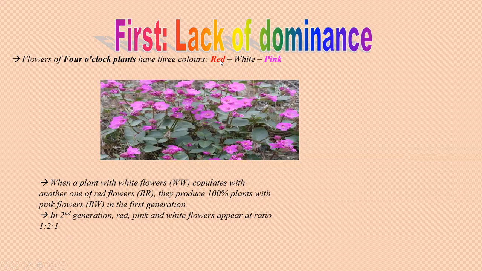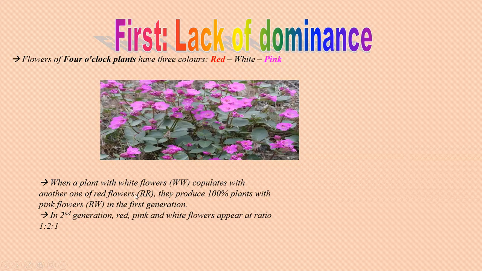Why? Because there is no one dominating over the other. The red is not dominant and the white is not dominant; neither dominates the other, but they interact with each other to make another, new character.